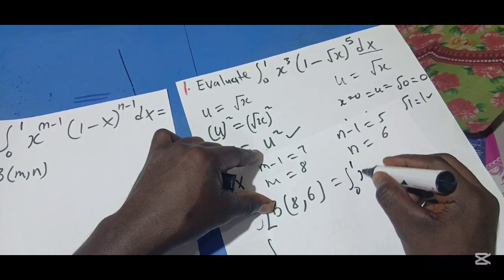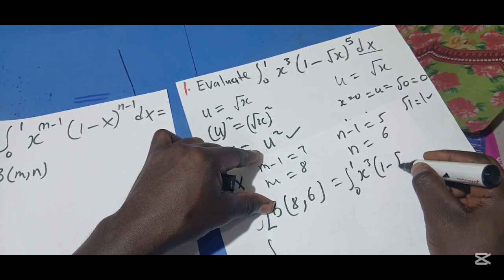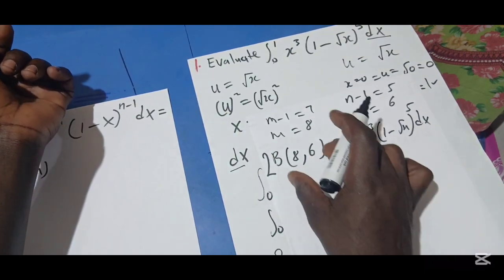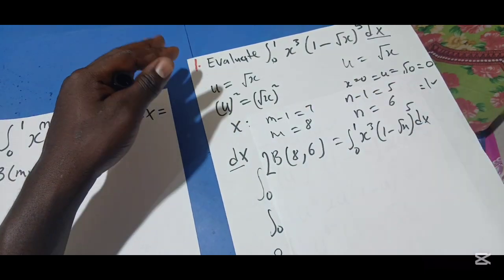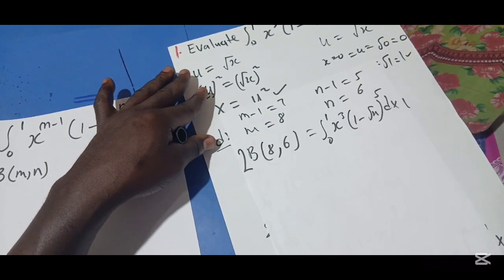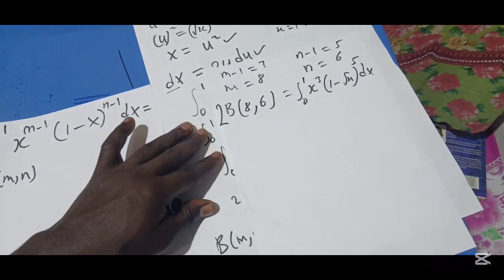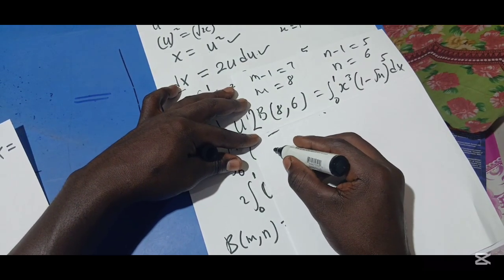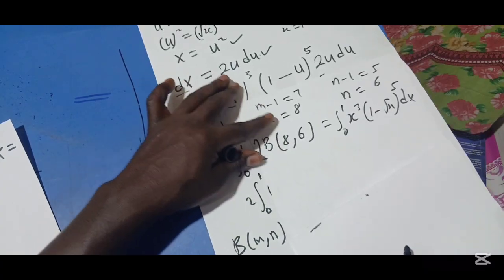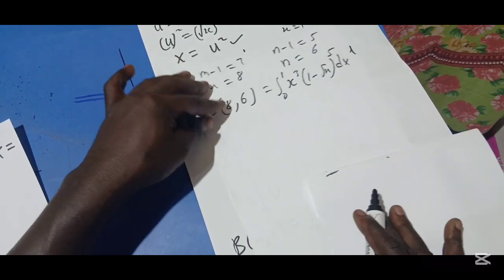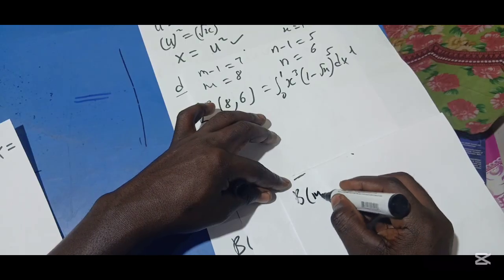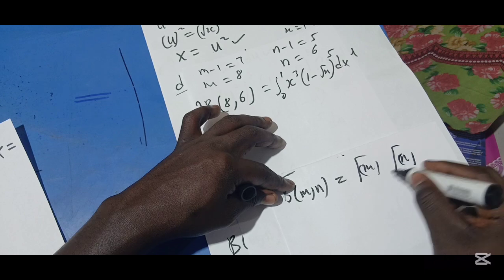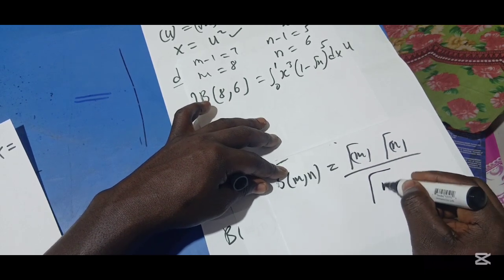Integral from 0 to 1, x to the power 3, 1 minus root of x to the power 5 dx. So now we are simply going to evaluate this, and what we'll get will be the answer for this. For beta problems, we have two formulas that we can actually apply. We are going to use a relation between beta and gamma: beta of m, n is gamma m, gamma n, all over gamma of m plus n.